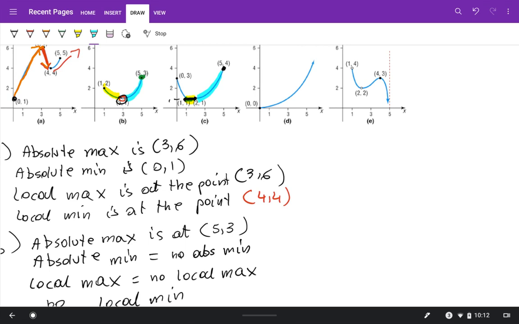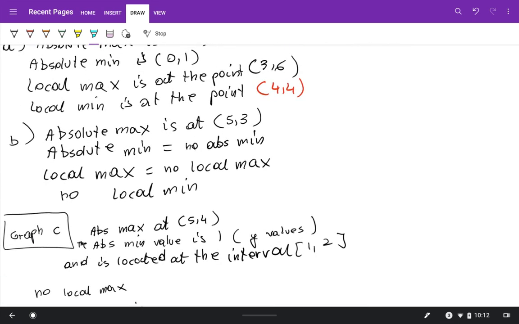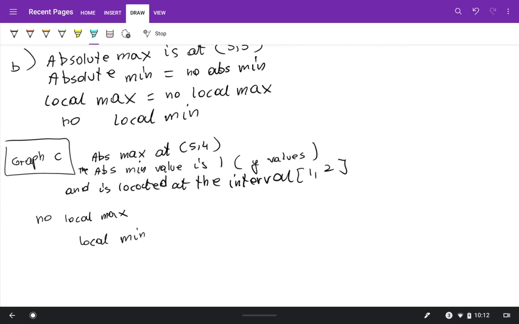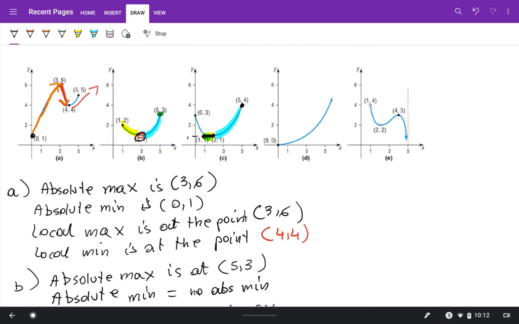The function switches right here from constant to increasing. So the local minimum is 1, y value equal to 1. And now we're going to describe where that local minimum happens using the x coordinates.